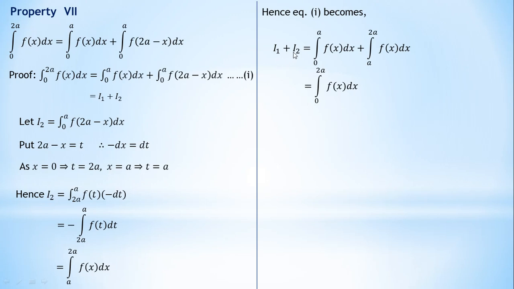So I1 plus I2 becomes 0 to 2a f of x dx, and this is nothing but LHS. So by using RHS we will get LHS. In the RHS we will convert I2 integration by using substitution method, and then we get the LHS like this. So this is property number 7.